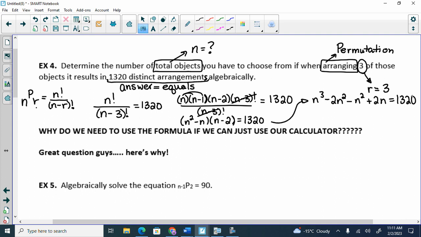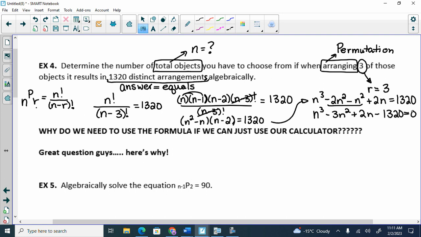Everything has to move to one side, set equal to 0. So we're going to get n cubed minus 3n squared, because you put them together, plus 2n minus 1,320 equals 0. And today, we're stopping there.